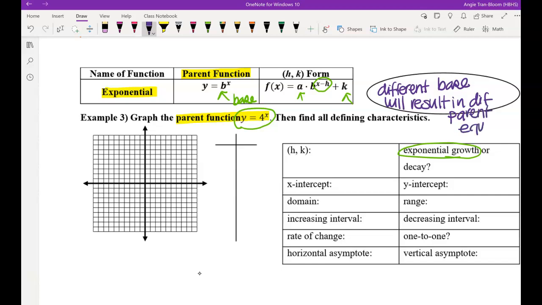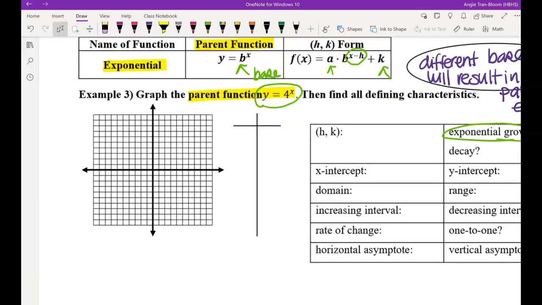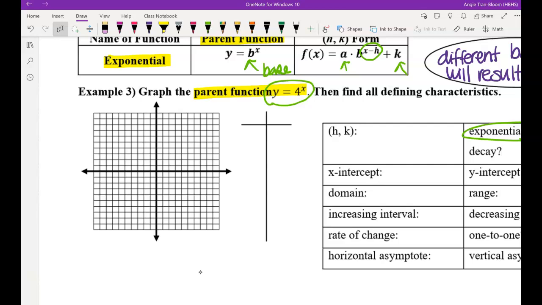So you cannot just use the same outputs every time. You have to look at the original and see what parent function we need to use. In our case, we have 4 as your base, so that allows us to use 4 and then raise it to whatever x input that we have chosen.